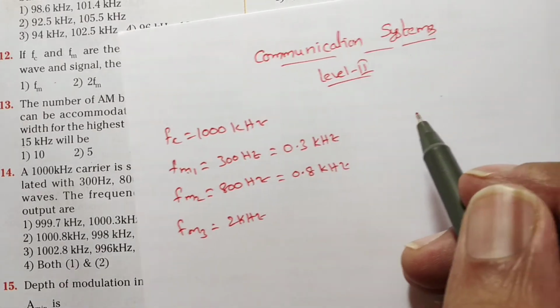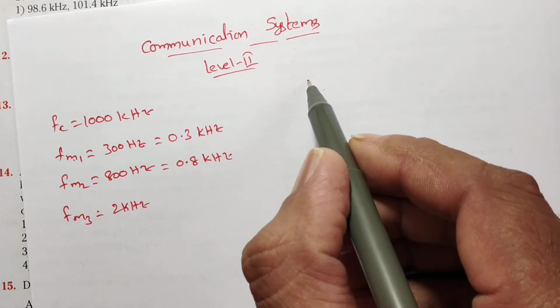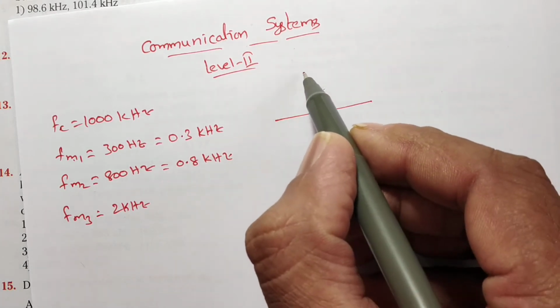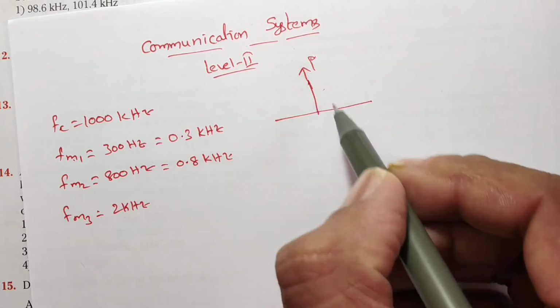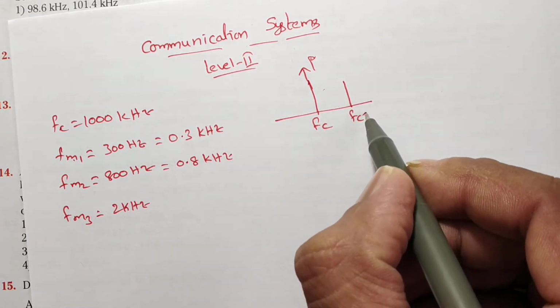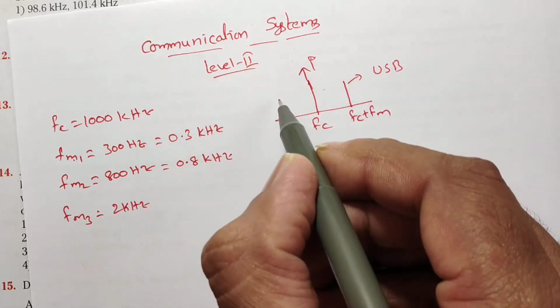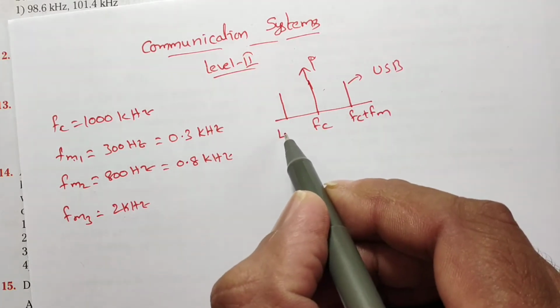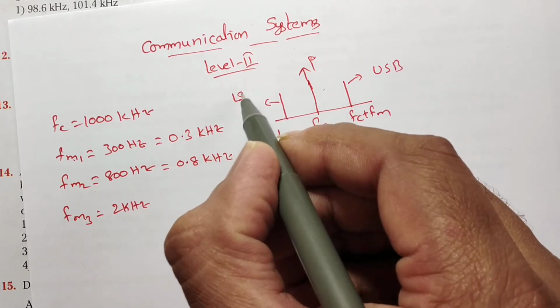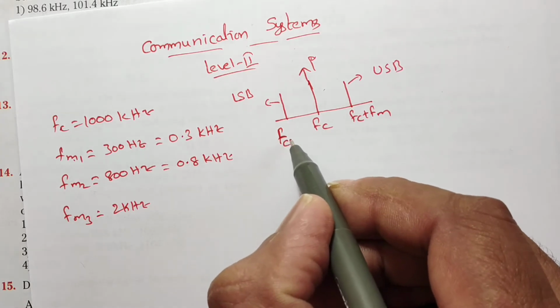We know the modulated signal we can give like this. In the modulated signal, one is the carrier wave fc, and also fc plus fm, the upper sideband frequency USB, and another, the lower sideband LSB, which is fc minus fm.